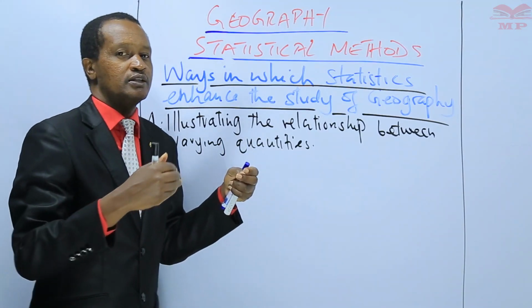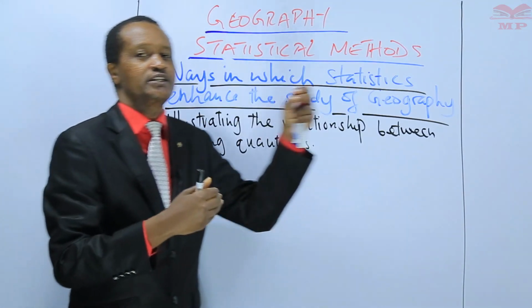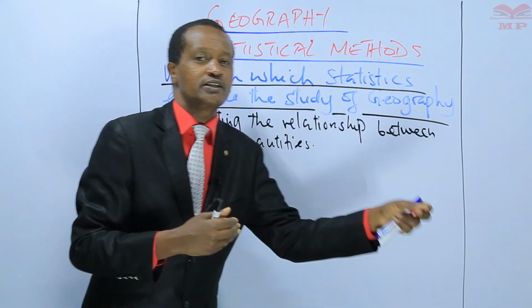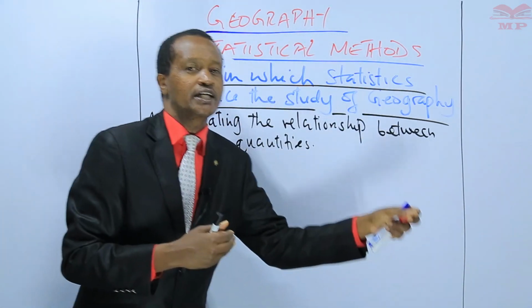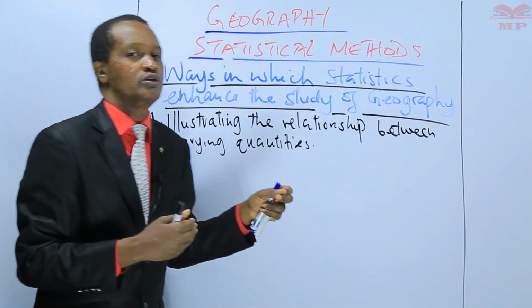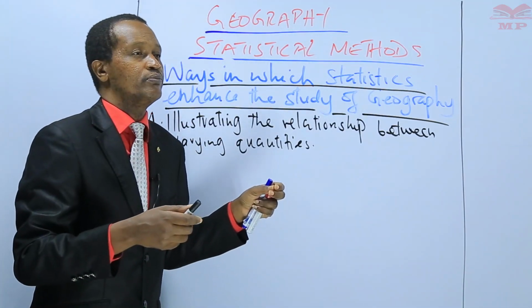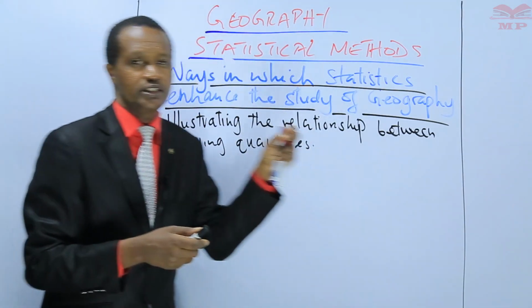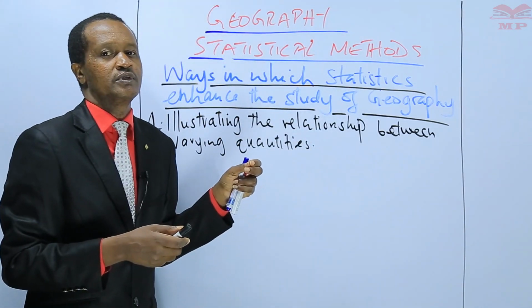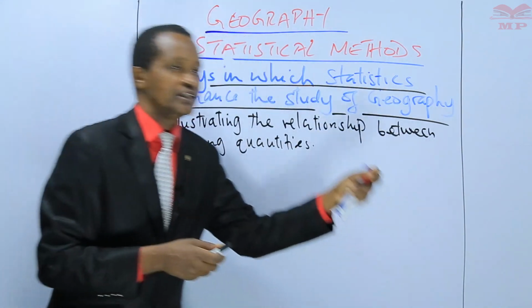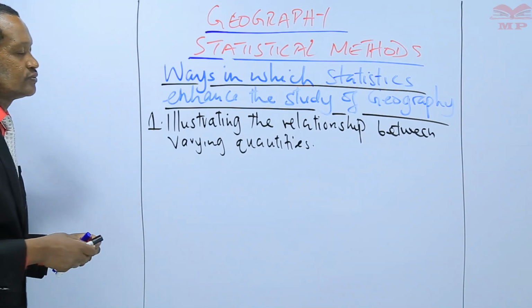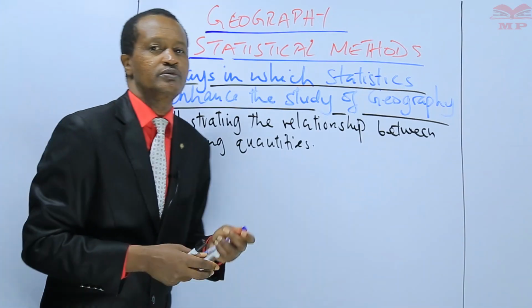Now, the effect of an increase, for example, in the acreage of land under cultivation on the production of maize or beans can be summarized in statistical form. That's an example.